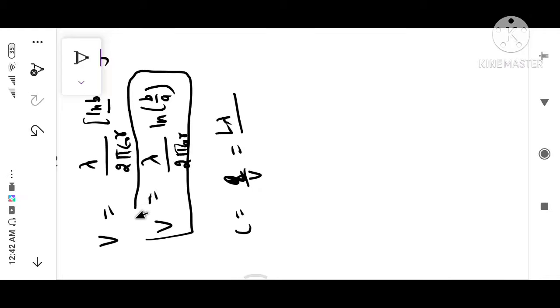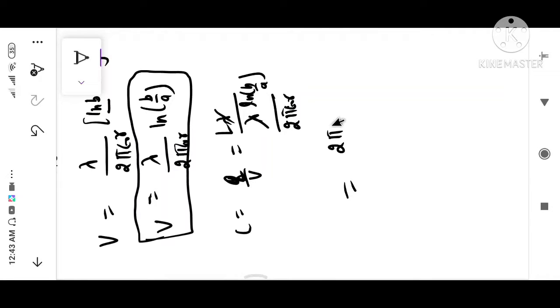So C is L lambda divided by lambda by 2 pi epsilon naught and ln b by a. This lambda will get cancelled.